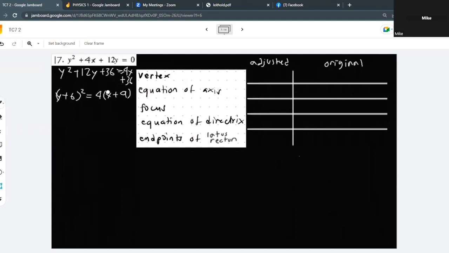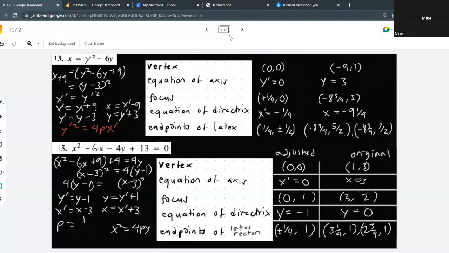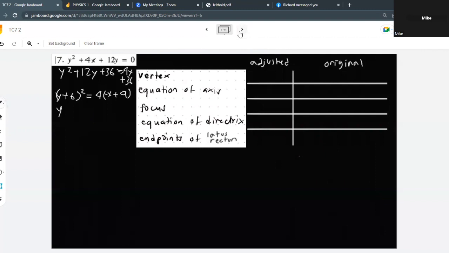So pag lumipat, ganito, before you do that, yung translation, hindi pwedeng magkaroon ng negative kasi finlip mo na yung axis kapag nagbigay ka ng negative.